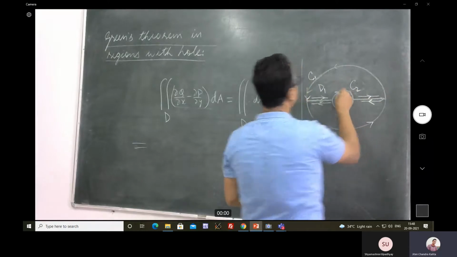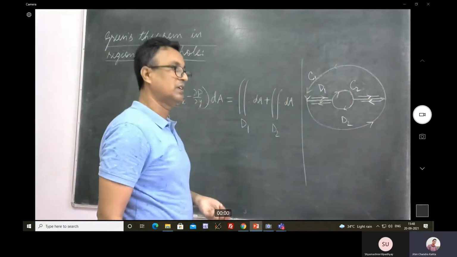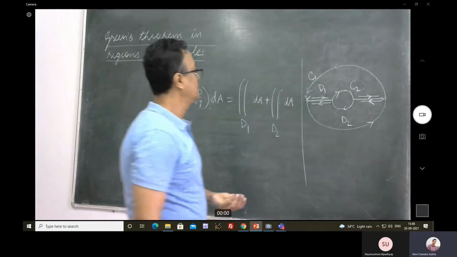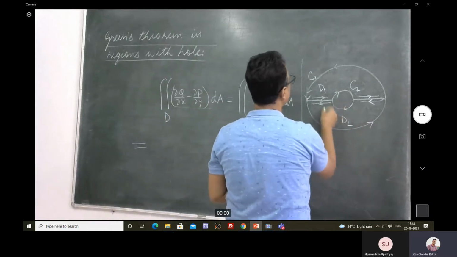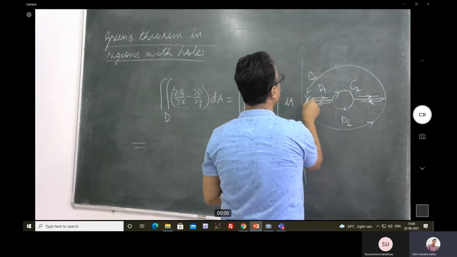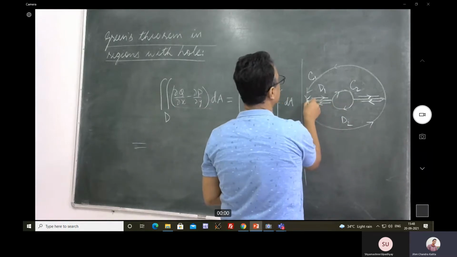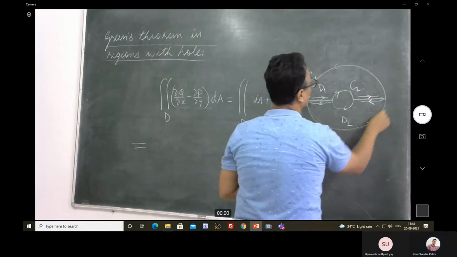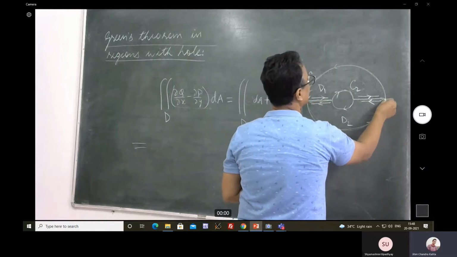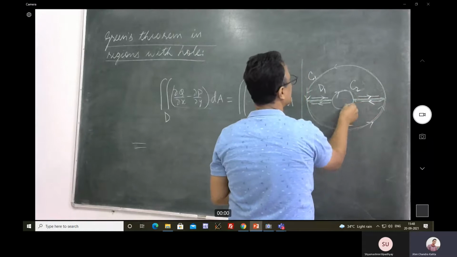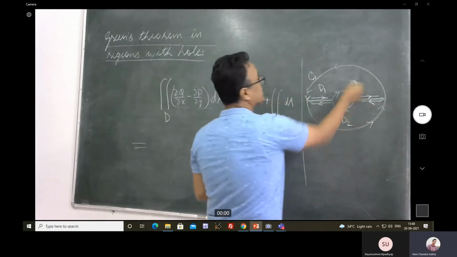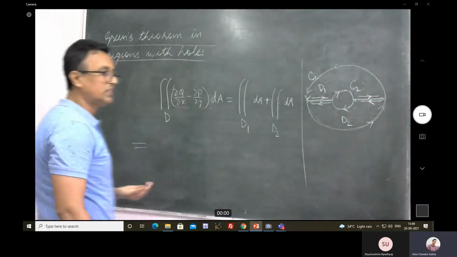So I'm completely getting a positively oriented curve. Is it okay? Fine. Now, if I want to consider the region D2, then I'm going to move along this. Again, it is anti-clockwise. This, fine. Then this, and then this. See, the orientation of C2 is preserved, isn't it?